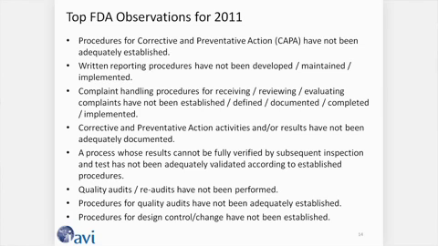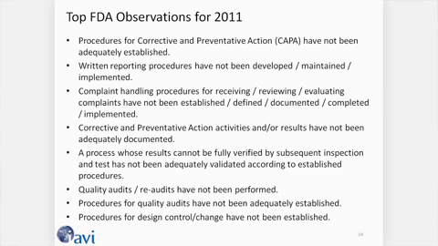And so one of the things that I submit is that the problems that we have are not rocket science. If you look at the top FDA observations for 2011, and you flip through this list, there's nothing on here that's rocket science. It's not that you're having very technical problems with your products or anything like that.